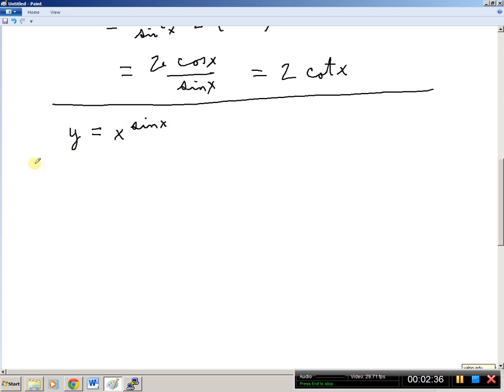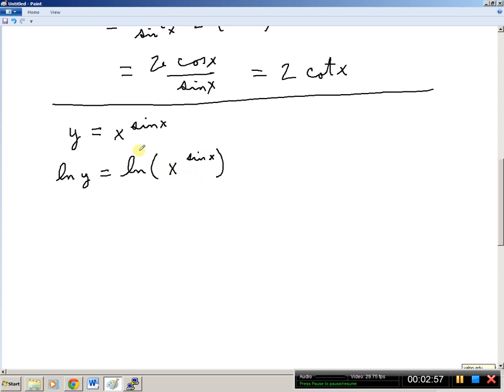using logarithmic differentiation. The idea with logarithmic differentiation is that we first take the log of both sides. If these things are equal, then their logarithms will be equal, and therefore the natural log of y will be equal to the natural log of x to the sine of x power.